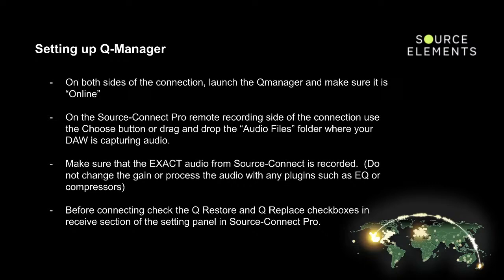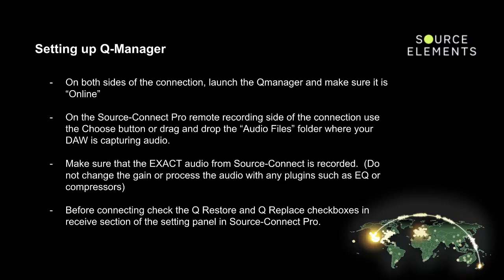So there's a few things in setting up the Queue Manager system. The first thing is that both sides of the connection need to launch their Queue Manager, and they need to make sure that the Queue Manager is online. The next thing is that on the remote record side of the connection, the engineer needs to choose, or they can drag and drop, their audio files folder to show the Queue Manager where the audio is being recorded to, so it can scan those files.